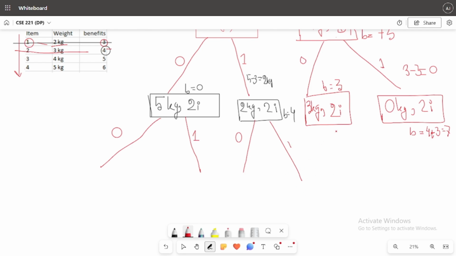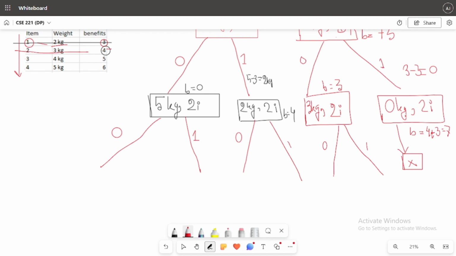Okay, from this one 0 and 1, but we will not get anything from this 0 kg, because our weight is 0.